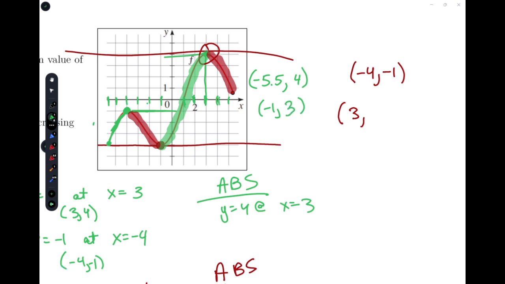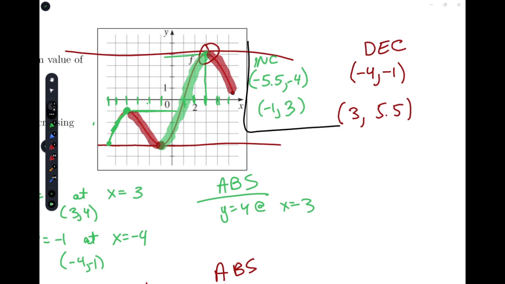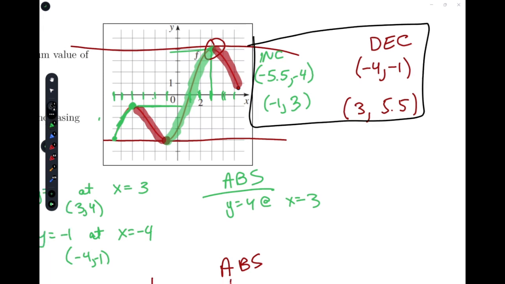No, the first one, -5.5 comma 4. It's not 4, it's negative, right? Yeah, that's what I said. Yes, you're right. Good catch. And then 3 to, I don't know, 5.5 again, maybe? Even if it's not right. That's decreasing. That's increasing. That's the answer to question 2.